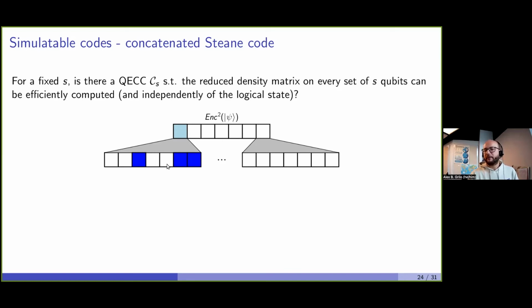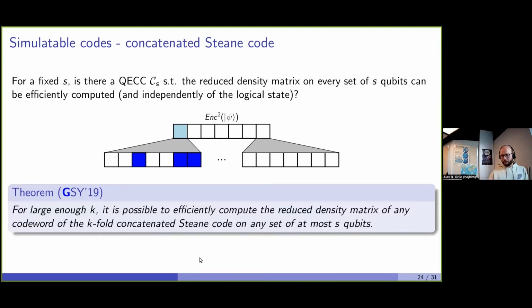So one can show that any 3 qubit reduced density matrix can also be simulated. So you have an algorithm that outputs the classical description of the reduced density matrix of at most 3 qubits on the concatenated encoding of psi.